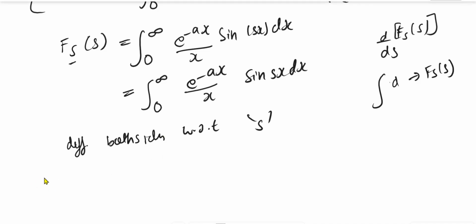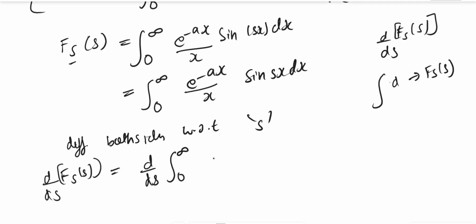So, the left hand side will be as it is, that is d/ds of F_s(s) is equal to d/ds of the integration from 0 to infinity of e raised to the power minus ax divided by x, sin sx dx. Now, the left hand side will remain as it is. We will solve for the right hand side.